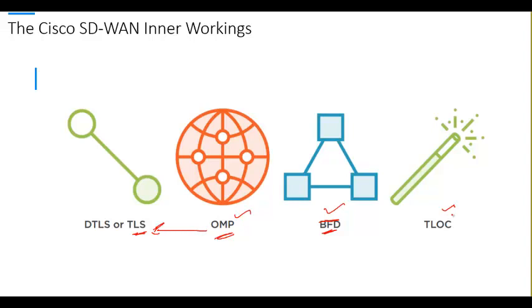We use the overlay tunnels. So for these three physical paths, there is an identification given on the overlay path using which we are going to forward the traffic. That's why I said TLOC creates an abstraction layer of the underlay transport link.